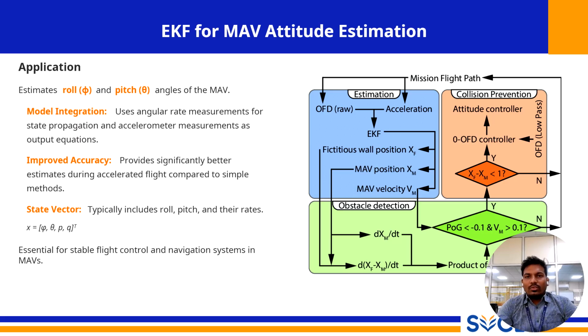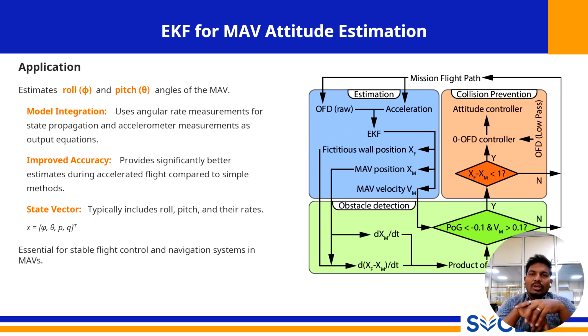Now that we have established the theory behind the EKF, let's look at the first and most critical application in MAVs, attitude estimation. This is the process of figuring out the drone's orientation in space, which is fundamental to all aspects of its flight.